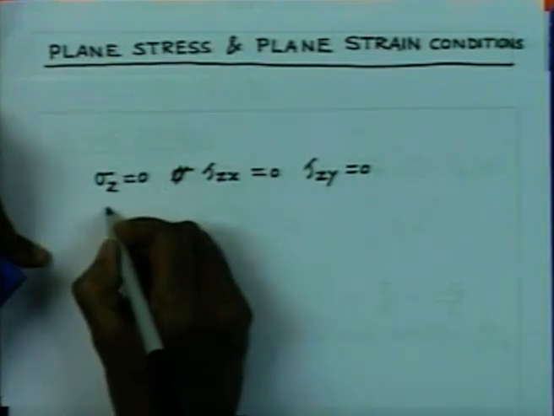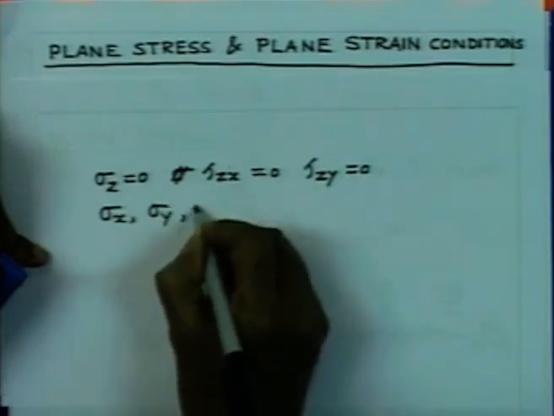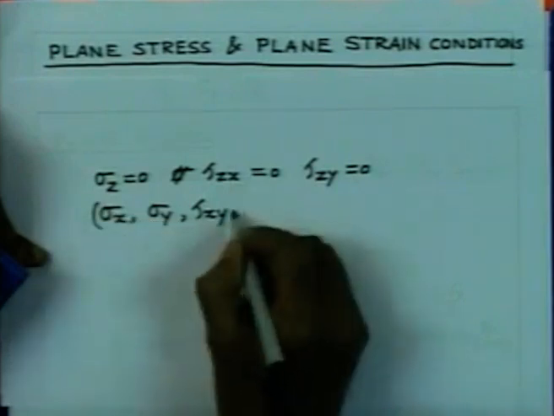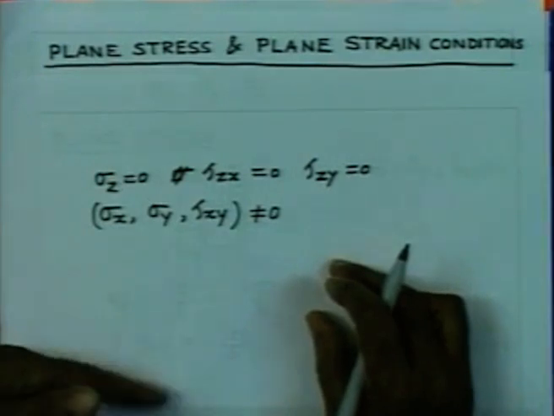The non-zero components are going to be sigma x, sigma y and tau xy. So, these are the three non-zero components, and this particular state of stress is known as plane stress.